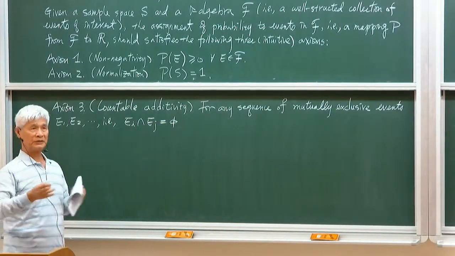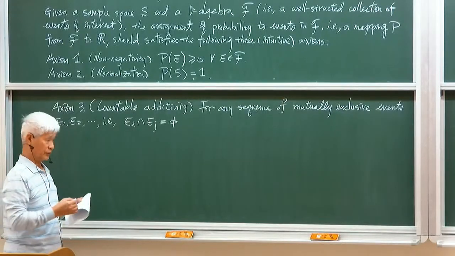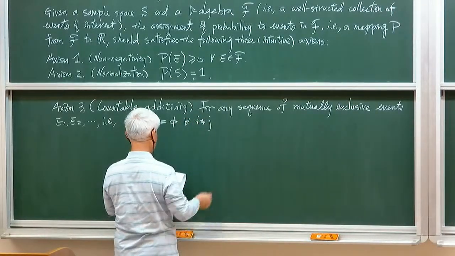So they are exclusive to each other, which means that they are disjoint from each other, for i not equal to j.